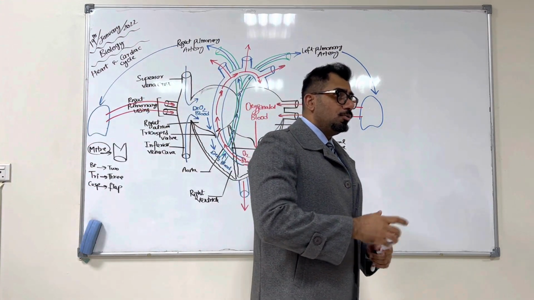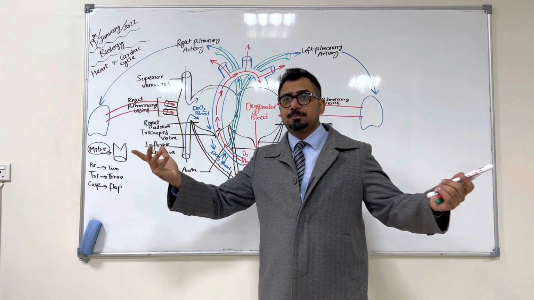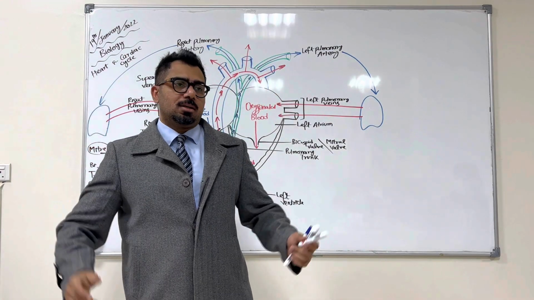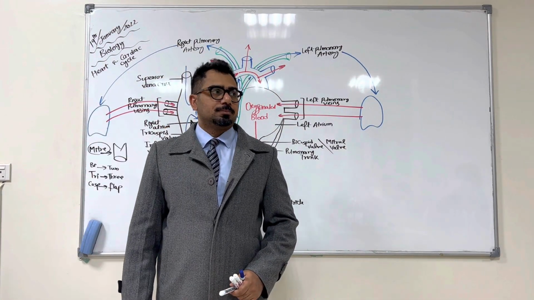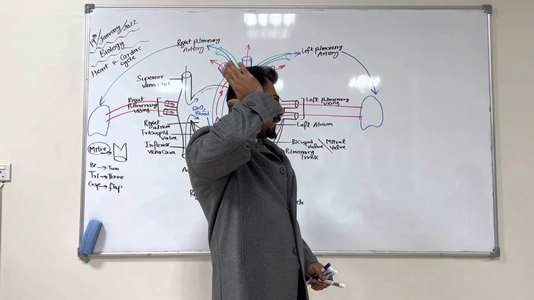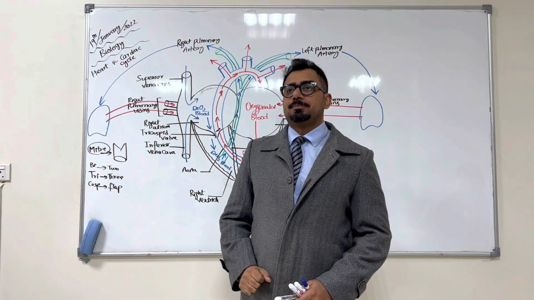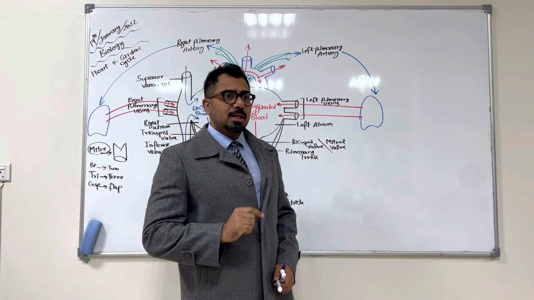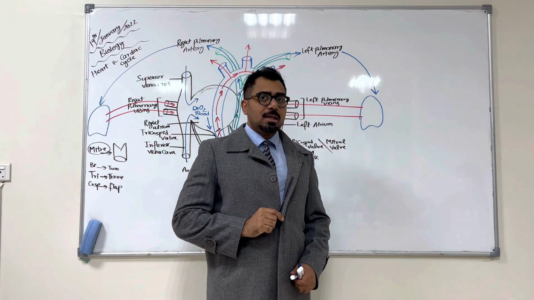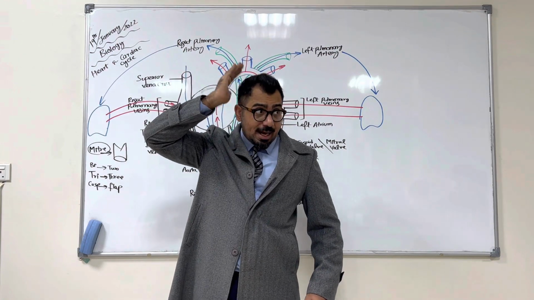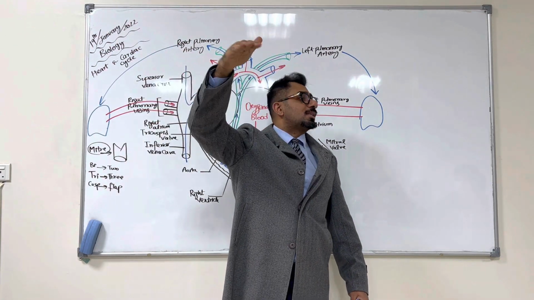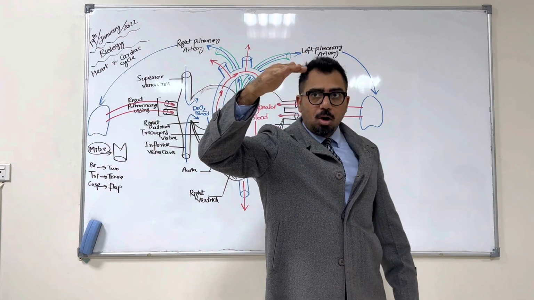When this aorta goes up, it divides into three and it bends from the dorsal side and comes down. Now, first of all, we need to understand what the dorsal side is. Which side is my upper side? This or this? This. Very good. This is my upper side. This is my lower side. If you see a lion on four feet, the upper side is called the dorsal surface.